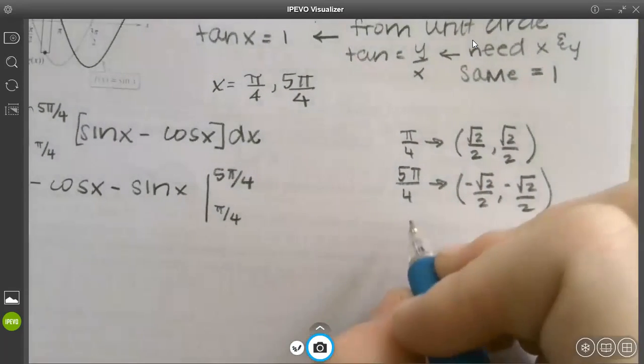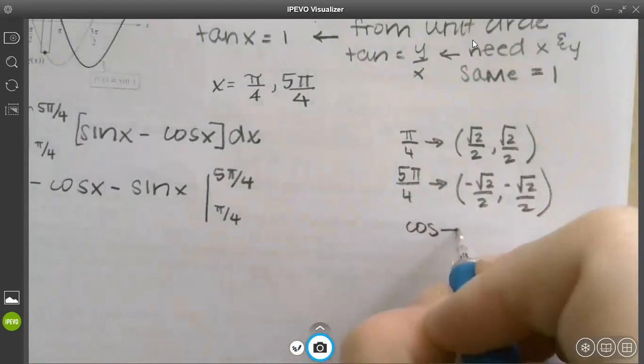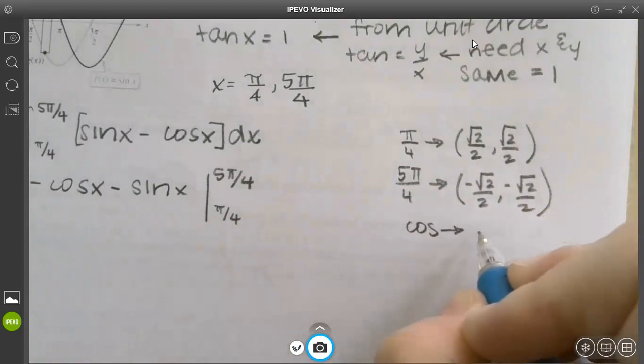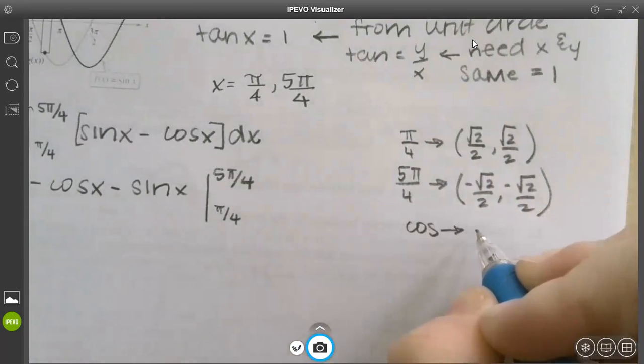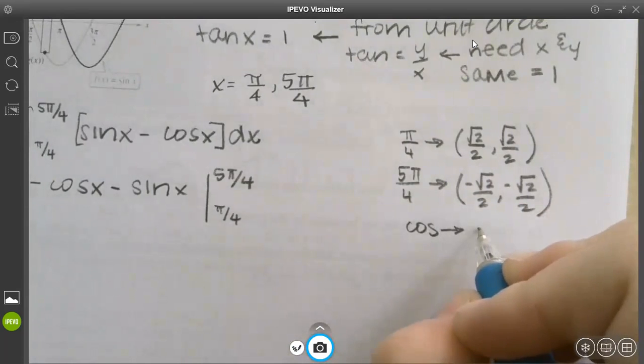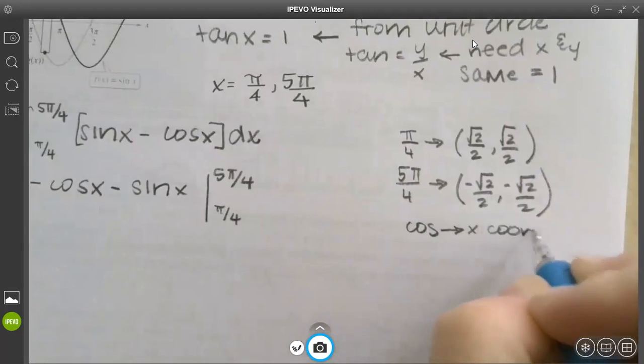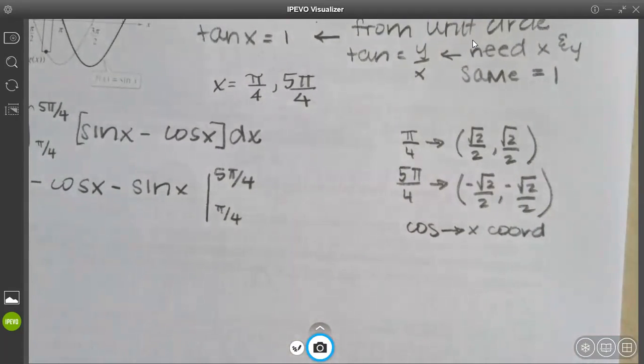And what did I just tell you? Cosine is going to be which coordinate, x or y? Okay. And look again, so you trust me.